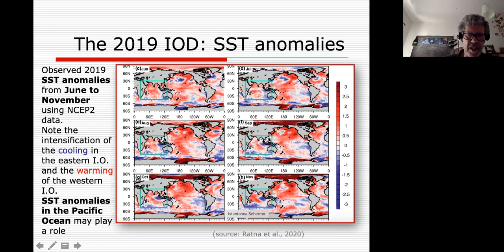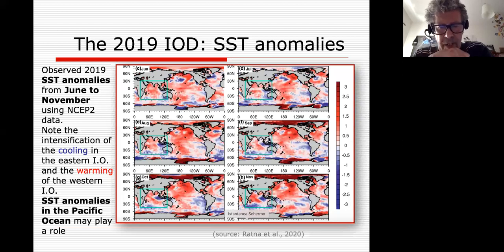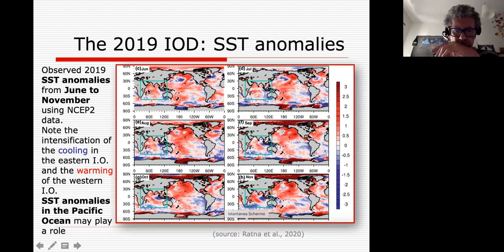The temperatures plotted here are global, but we are focused on the Indian Ocean, especially the equatorial tropical Indian Ocean. Look at the June condition. The scale is in degrees Celsius.